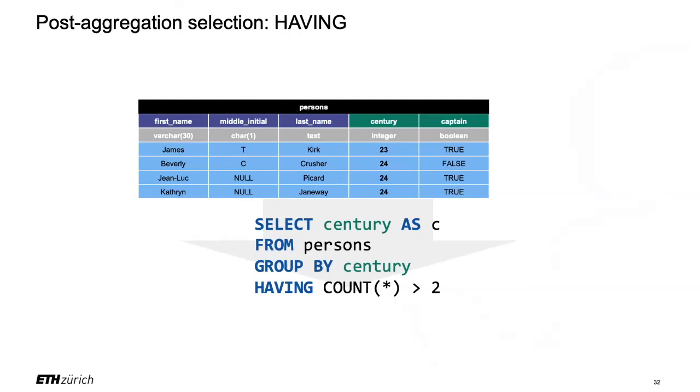Great, most of you. So in the where clause, you don't have the counts. You didn't do any grouping. In the where clause, you see record by record. You can say this record I want, this record I don't want. But in order to select the groups that have a specific count, you need to already have done the grouping. You can only do these counts after the grouping. So this is why you have to do it after the group by.